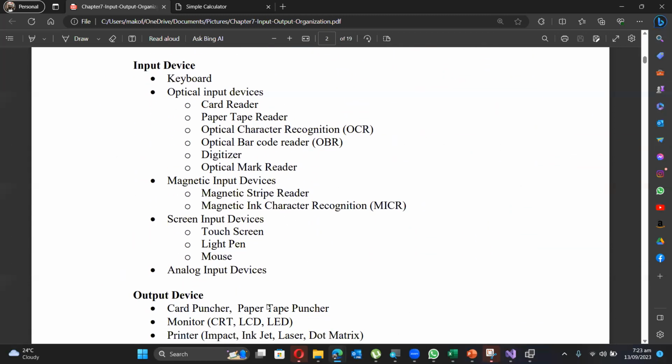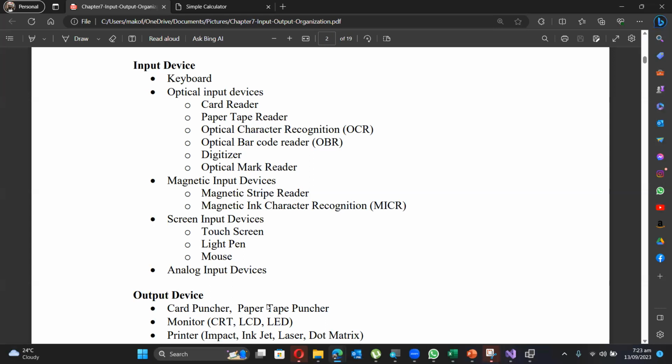So, examples of input devices. We have a keyboard. We have optical input devices, where we have the card reader, the paper tape reader, the OCR, the OBR, that is the optical barcode reader, the digitizer, and then the optical mark reader.